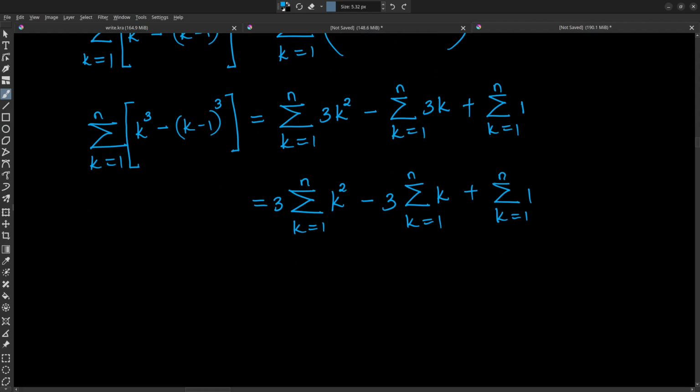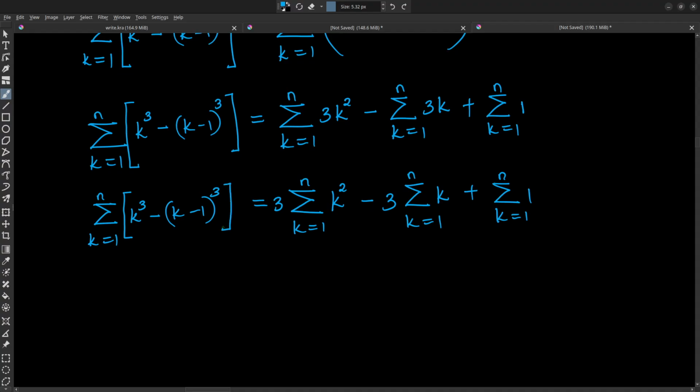And don't forget about the left side. The left side has not changed yet. k equals 1 to n of k cubed minus (k minus 1) cubed.